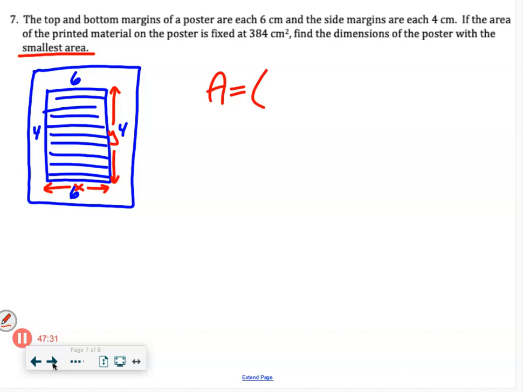So area is width times height, so it would be X plus 8 times Y plus 12. If you did the whole thing, X and Y would be X minus 8, Y minus 12. It's the same thing, just however you chose to label your figure.